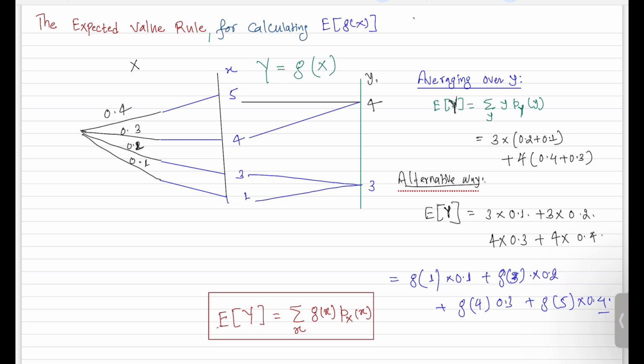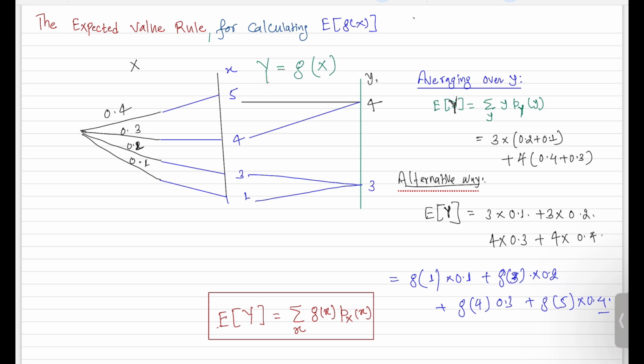So the point is that we do not need to know the probabilities of the random variable y, right? That we have calculated in the first way. In the first way, we are running the summation over the values of y, and there we need to calculate the probabilities of random variable y.